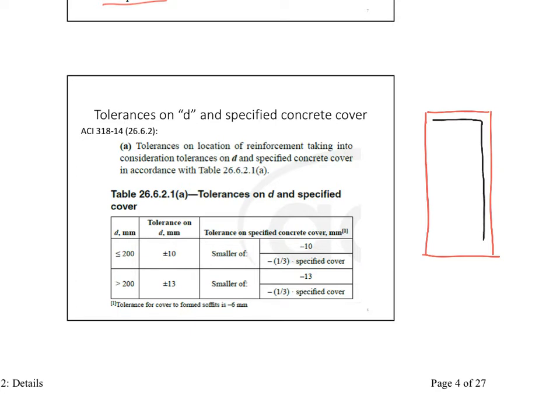I want you to think about someone changing this d, remember this d here, all the way to the center of the bar. If this was d, now you go to the site and you see sometimes they place the reinforcement completely off from where it should have been. So you see your reinforcing cage maybe coming this way.